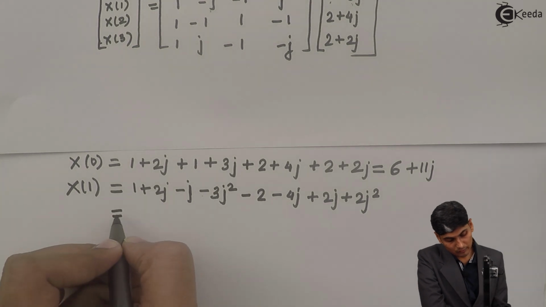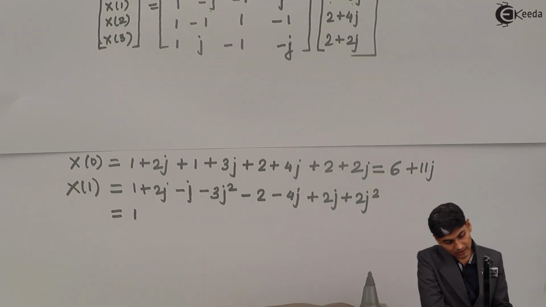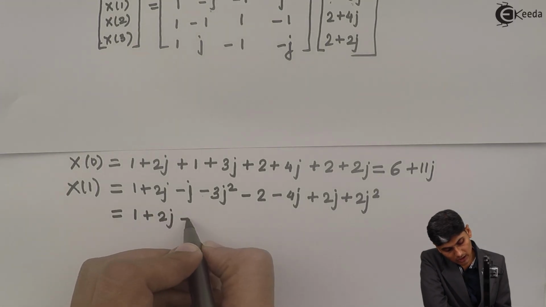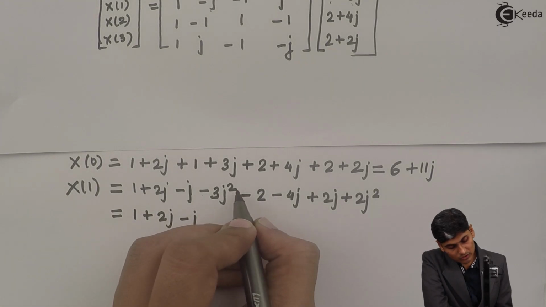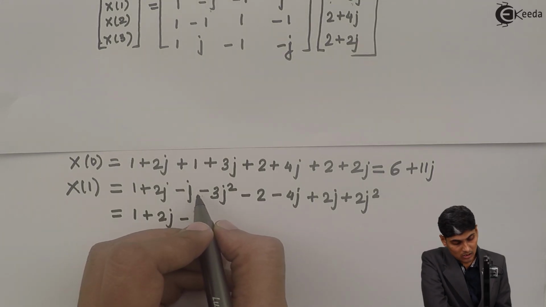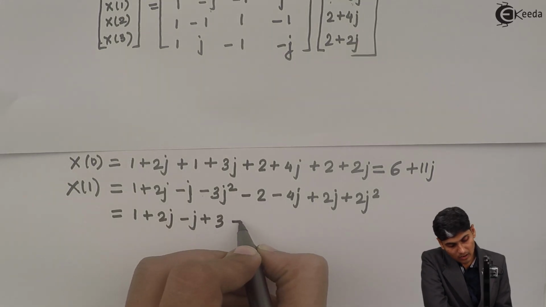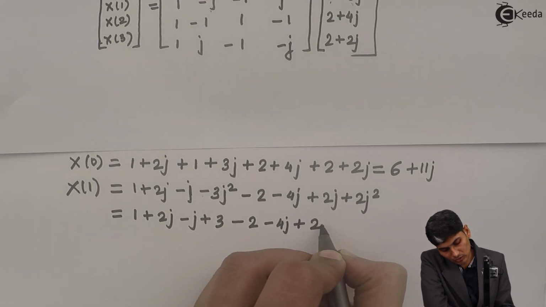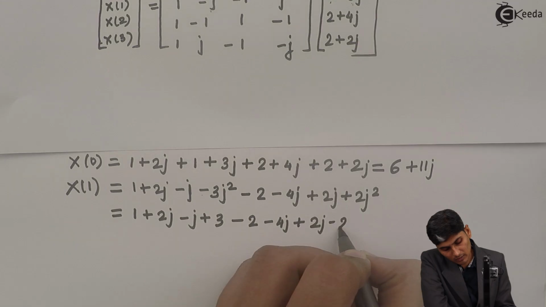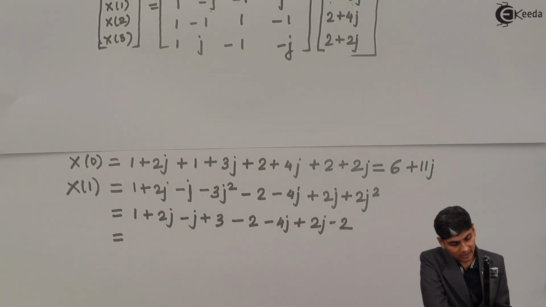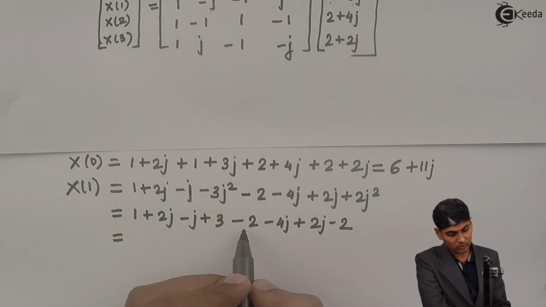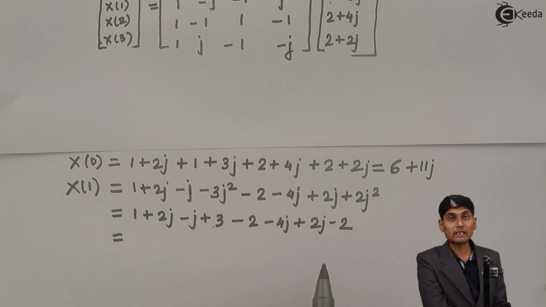Okay, so we will rewrite the things. It is 1 plus 2j minus j. So j square is minus 1, so this becomes plus 3, minus 2 minus 4j plus 2j. 2j square will give me minus 2. So the final answer will be: minus 2 is minus 4, and this plus 4 will get cancelled.